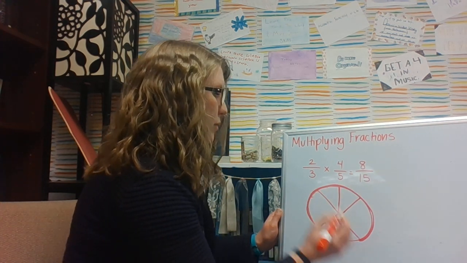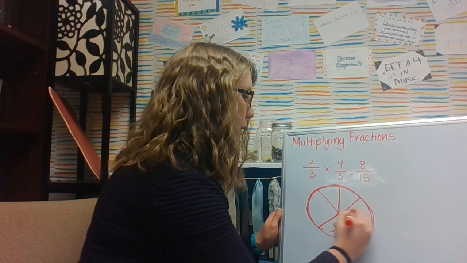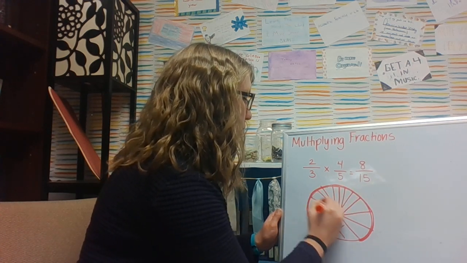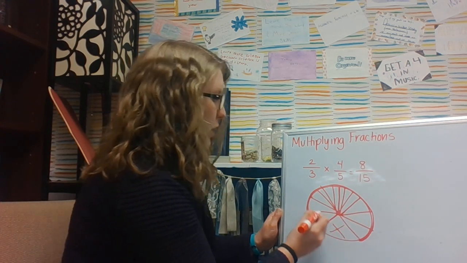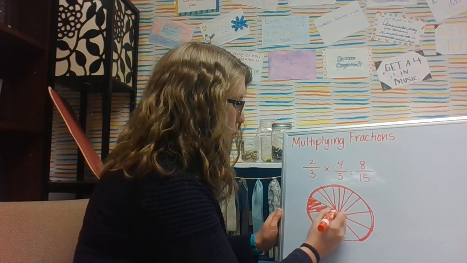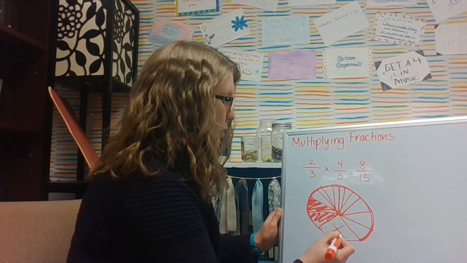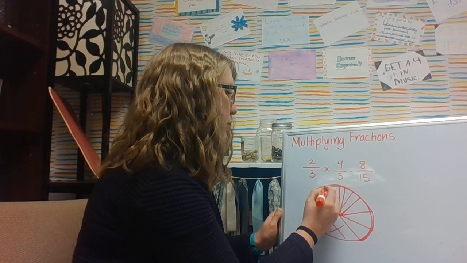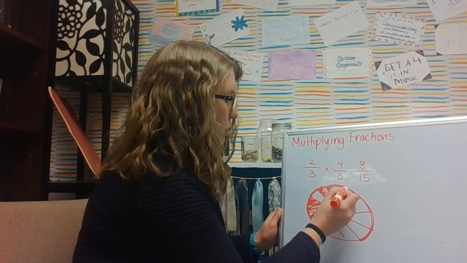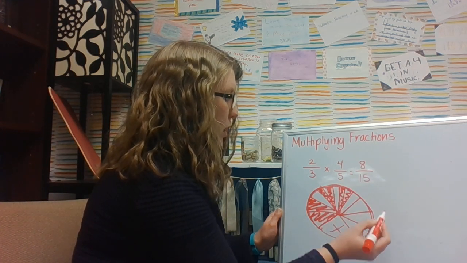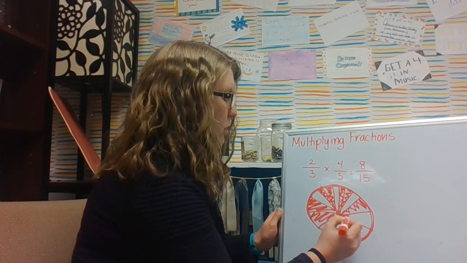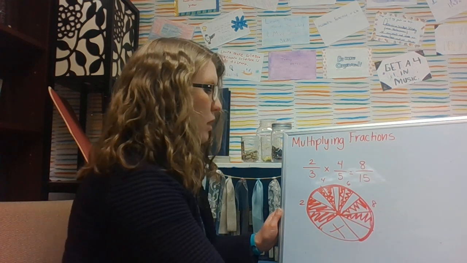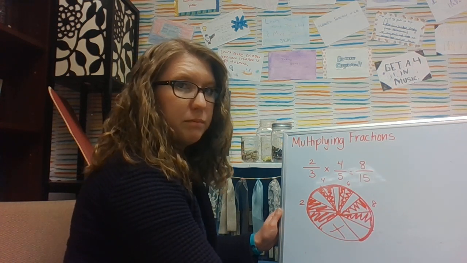Not this one. And then if I split once again each of those into thirds and took 2/3 of each piece, I would have 1, 2 for that one, 1, 2 for that one, 1, 2 for that one, 1, 2 for that one, and I would have 2, 4, 6, 8 out of the 15 I made.